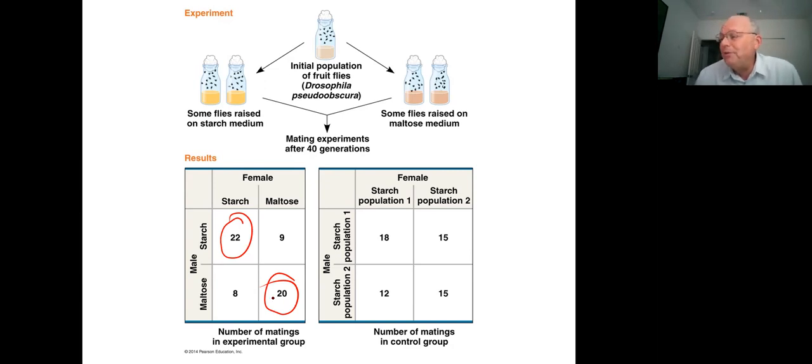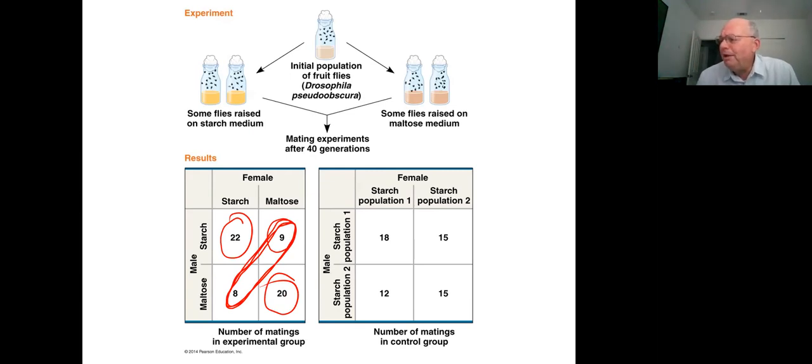They mated very strongly with members of their own that had grown up on their own sugar source. Occasionally, a very small number mated with individuals that were grown on the other sugar source. But the vast majority of flies chose preferentially to mate only with members grown on the same sugar source that they were grown on.